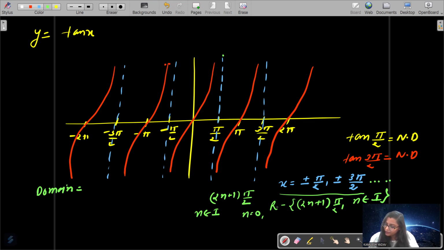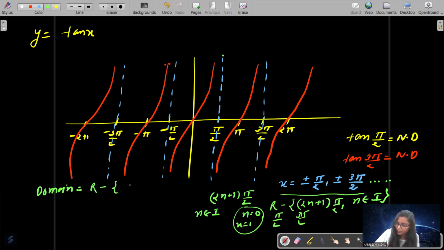So what do we get here? Pi by 2. When we put n equal to 1, then we get 3 pi by 2. Then the same for the negative values. So that's why I write the domain equal to R minus (2n plus 1) into pi by 2, where n belongs to the set of integers.